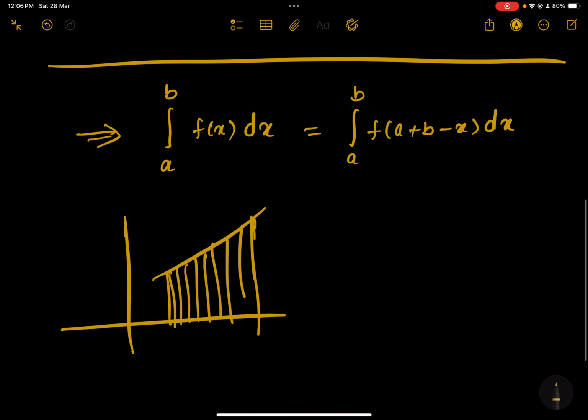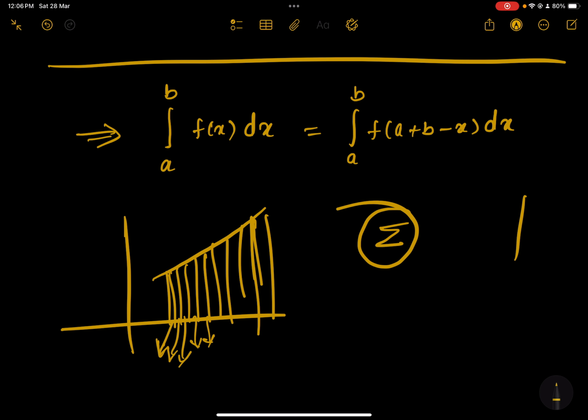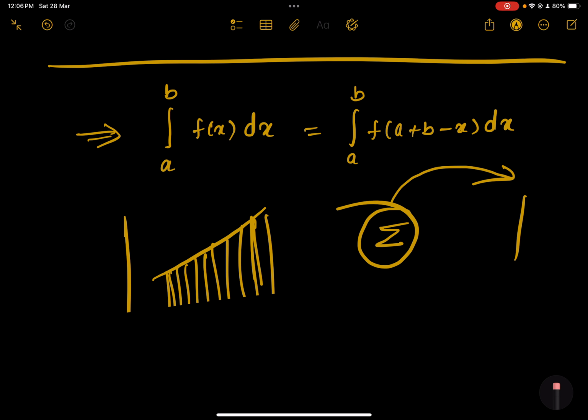The integral is nothing but the sum of areas of all these rectangles, isn't it? So the summation is nothing but an integral when the width of the rectangle tends to 0. The summation is essentially getting converted into an integral when the width of the interval is 0.